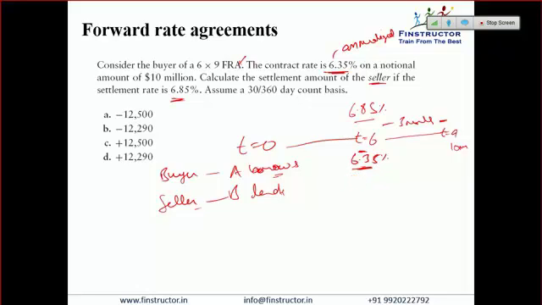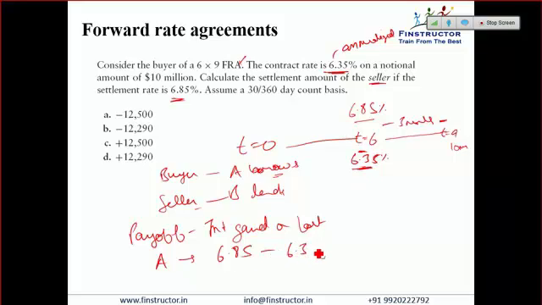So the payoff is calculated as the interest gained or lost. For A, how much has he gained? He would have had to otherwise pay 6.85 because that is the rate. He will now only pay 6.35%. Please note these rates are annualized.